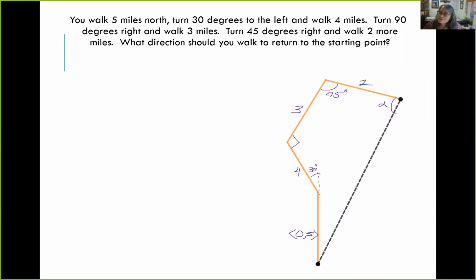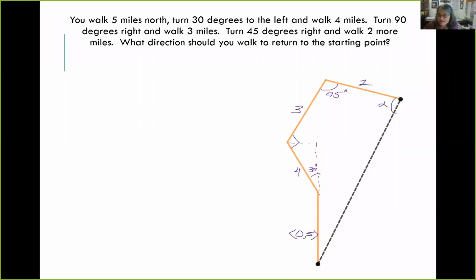Well, let's figure this out. We can do this with vector addition. So what we're going to do is put all of our vectors in component form. So this guy that has a magnitude of 4 miles at an angle that is 30 degrees to the left of vertical, we can figure out his horizontal and vertical displacement from his head.